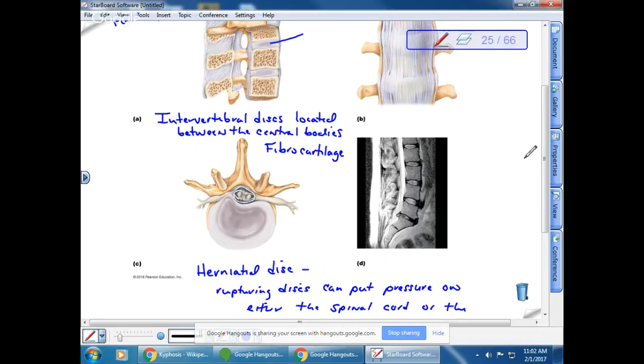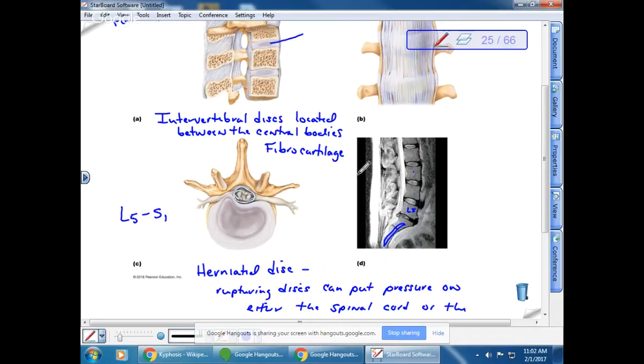So this would be in the lumbar region of the back. So this would be the sacrum, right? This would be like L5. So I think this is L5, L4, 3, 2, 1, right? So this is showing a herniation here between L5 and S1. And that is the most common herniation. So L5 to S1. And so what that means is that that is the disc that is between the last lumbar vertebra and the first sacrum.